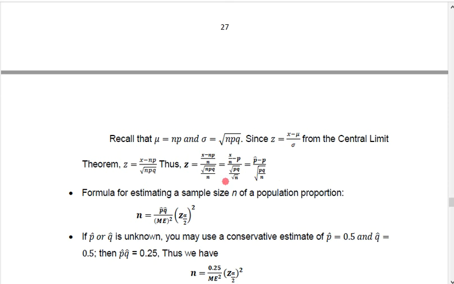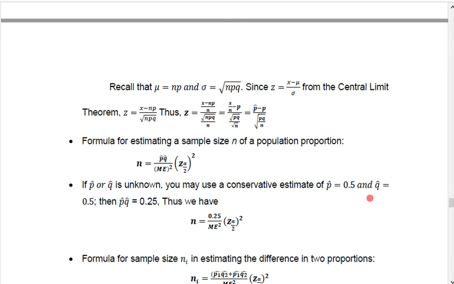Okay. So, ito yun. Nag-ano tayo ng mga formula para sa population proportion. Ito rin yung formula ng central limit theorem.